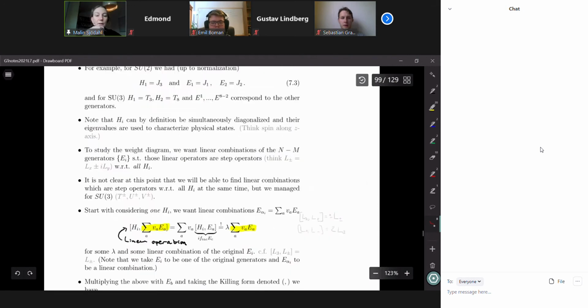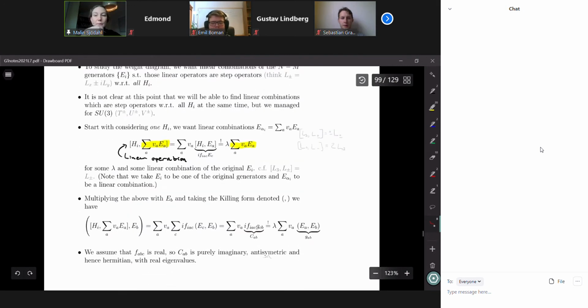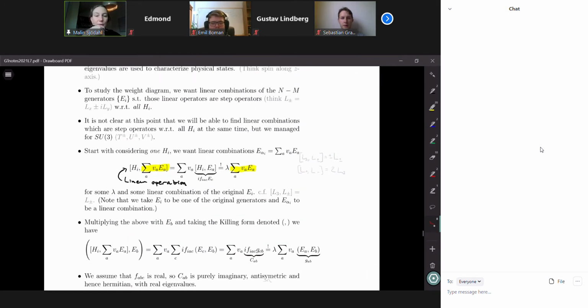And what we did last time was that we started to require the property of a step operator. So we wanted to construct a linear combination of generators, E_A, which are not in the Cartan subalgebra.